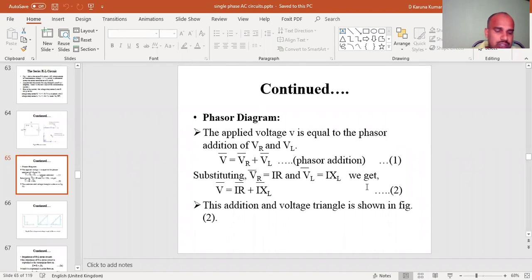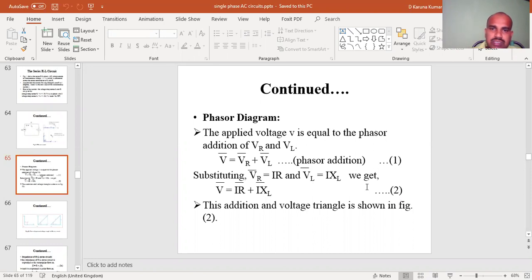The sum of voltage drops must be equal to the applied voltage. So Vs equal to the square root of VR square plus VL square. The phase angle theta equal to tan inverse of VL by VR. Theta is the phase angle between the source voltage and current.